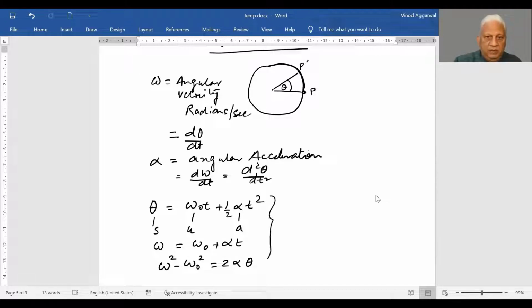These equations are very similar to what we saw in linear motion, right? Here, this is omega at initial time. This is final omega.